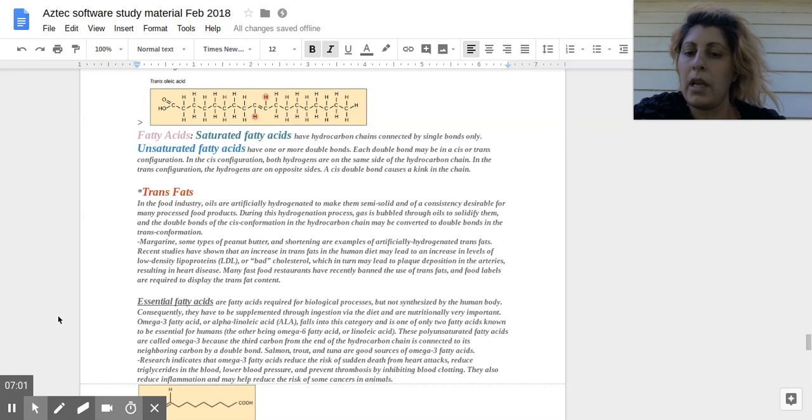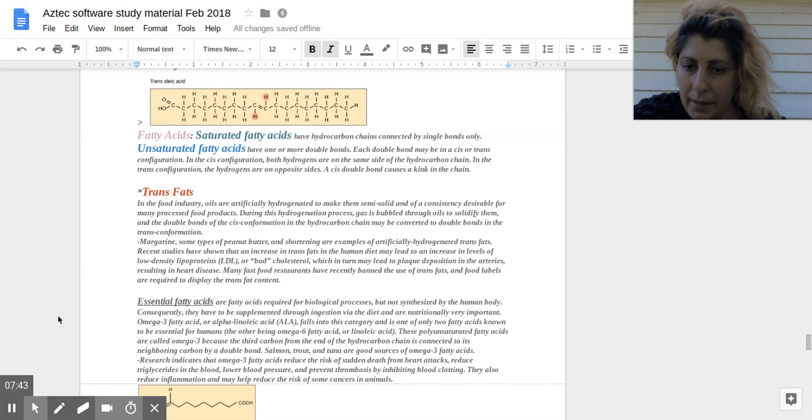Omega-3 fatty acid or alpha linolenic acid (ALA) falls into this category and is one of the only two fatty acids known to be essential for humans, the other being omega-6 or linoleic acid fatty acid. These polyunsaturated fatty acids are called omega-3 because the third carbon from the end of the hydrocarbon chain is connected to its neighboring carbon by a double bond.